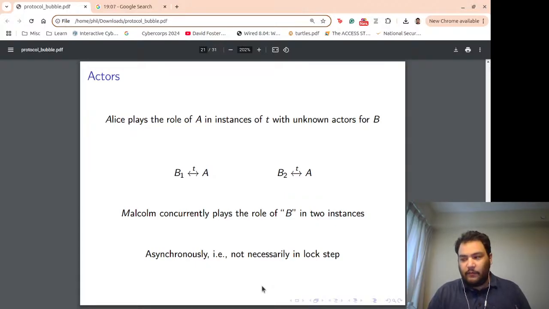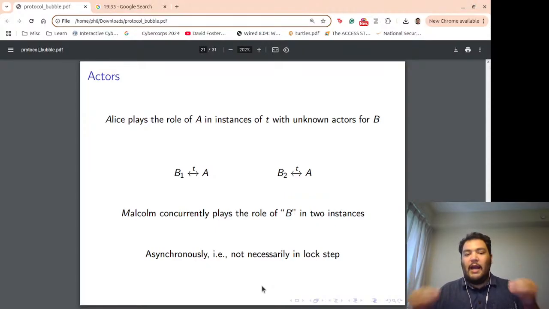Any one of them operating by themselves would have about a 50% chance of being right, and they each get 1 guess an hour. But suppose Malcolm really wants access to this, so he decides to interact with Alice twice. So Malcolm is running 2 instances of the protocol.